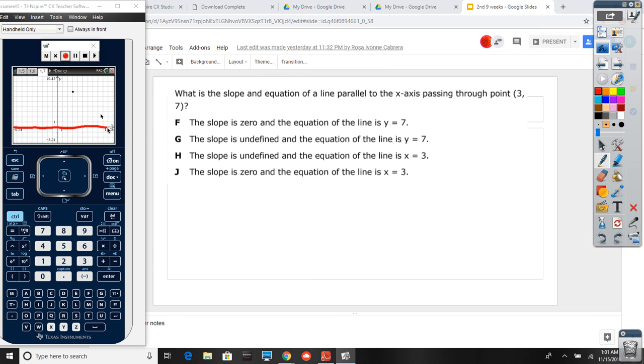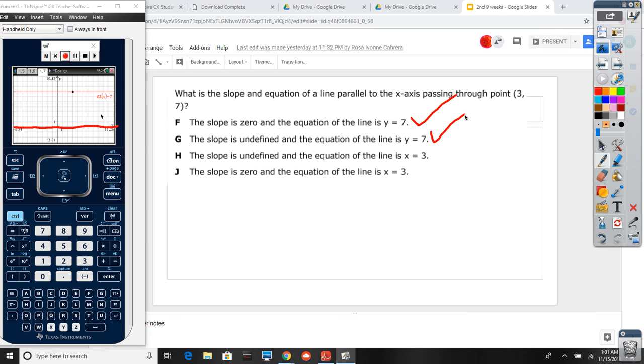Okay, this is the x-axis, so I want a line parallel to that. So I'm going to try the first one. Again, I'm going to press tab, and I'm going to type in this first one here, y equals 7. So it's going to put the 7, press enter. Ooh, that one's parallel, right?